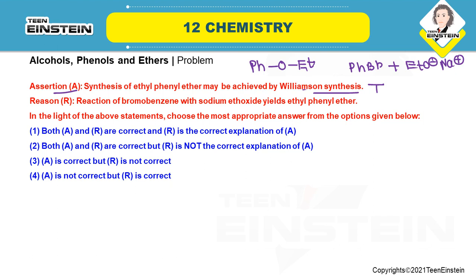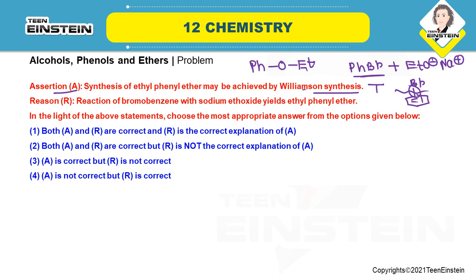But remember what we have seen in the last slide, you cannot use haloarene, and here if you use PhBr, there will be double bond character present between bromine and the carbon with which it is attached. Because of this double bond character, the breaking of this bond is really difficult. So you cannot take this combination, right?